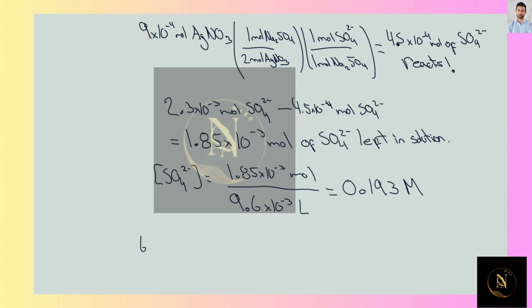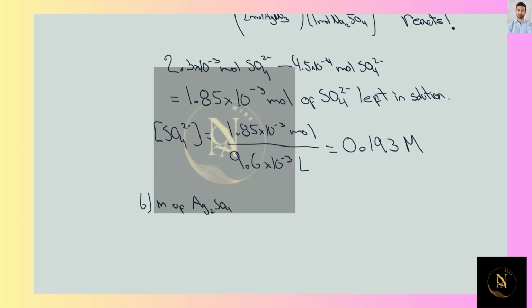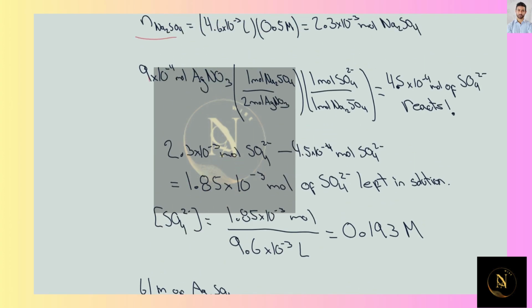Now for part B, we're going to calculate the mass that is going to be produced of the silver sulfate. And the way to do it is, recall that essentially our ionic equation is the following. So the amount of sulfate that reacted is going to be equal to the amount of silver sulfate that is produced.